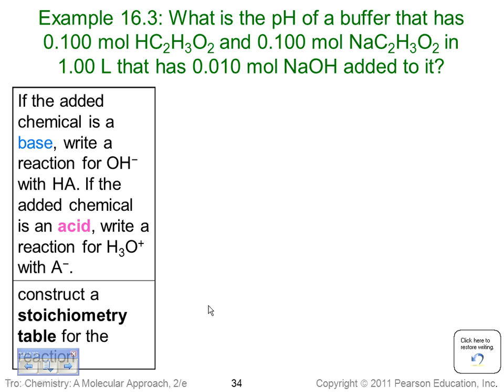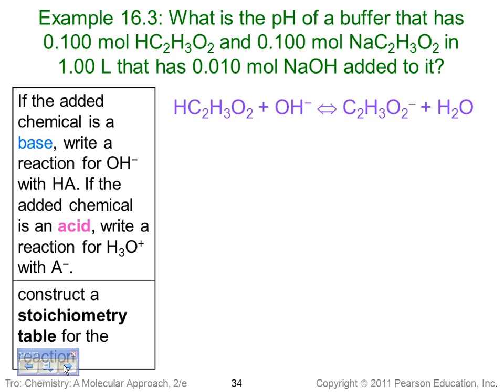Now back to what we need to do. First thing we need to do is do some stoichiometry. There's my equilibrium. Technically this is not an equilibrium. Technically this is a one-sided reaction because this is a strong base.